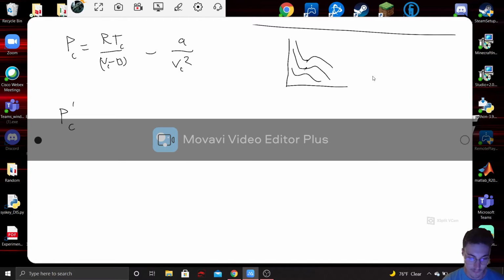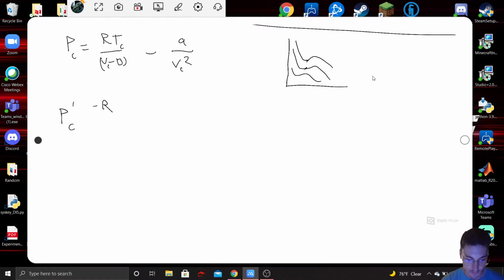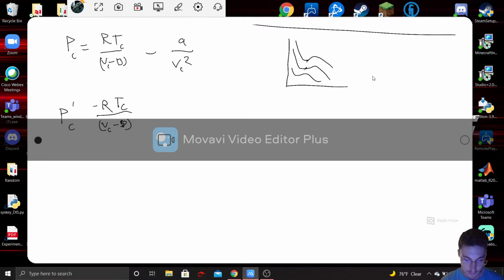derivative of the critical pressure would be negative RTC over VC minus B squared, plus 2A over VC cubed.